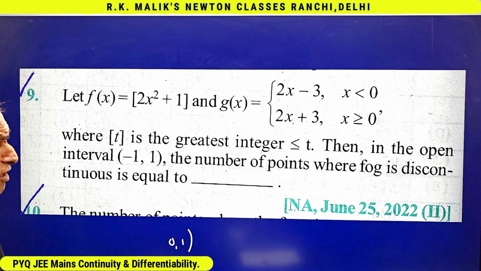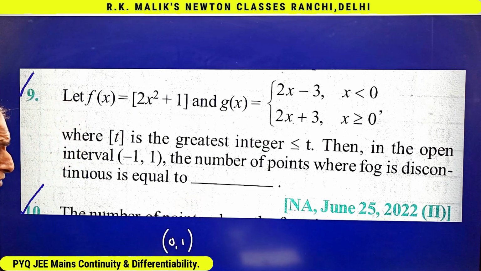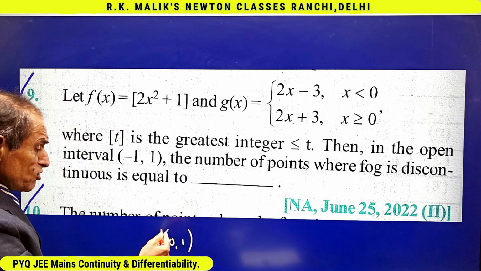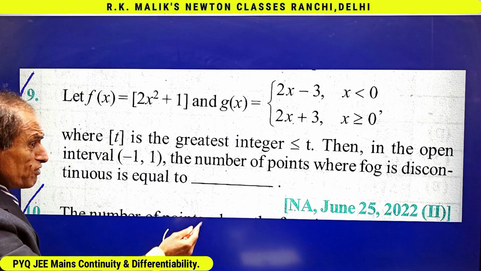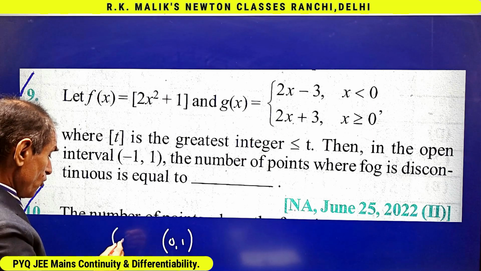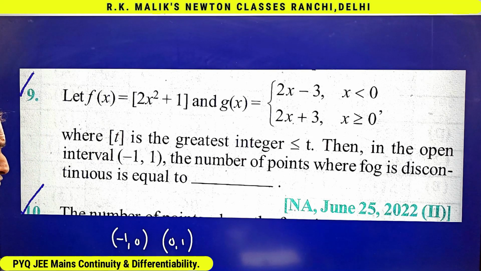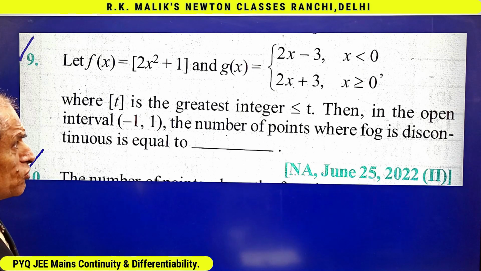Hence, we will be checking the continuity of f∘g(x) in the open interval 0 to 1. The number of points of this interval at which f∘g(x) is discontinuous will be the same as the number of points in the interval -1 to 0. Hence, we will have to deal with only one interval. x equal 0 will be taken care of separately.